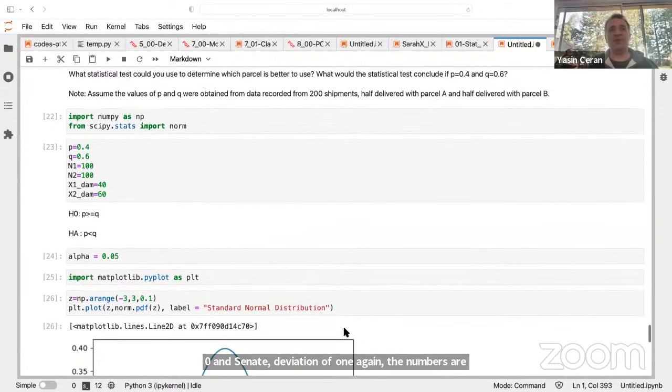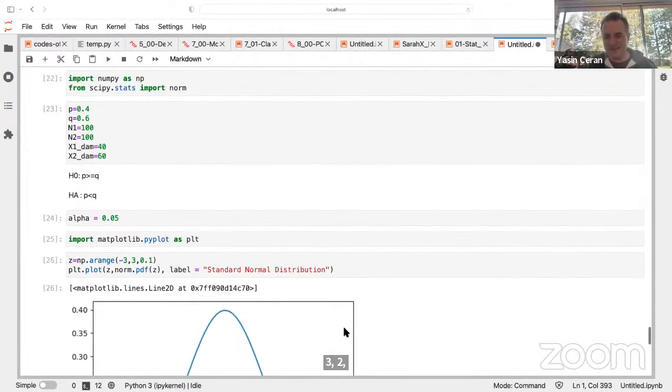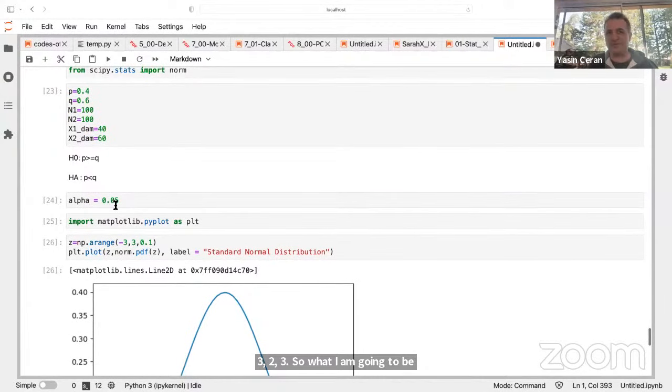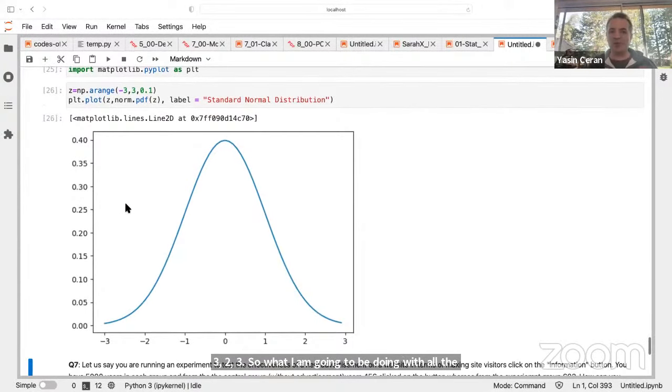With the alpha value, I am going to find some value, which I will find later on, and then I'm going to look for that value on this number line. Let's say that value is right here.